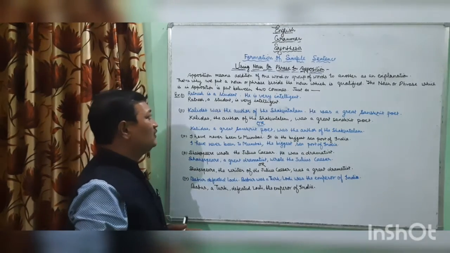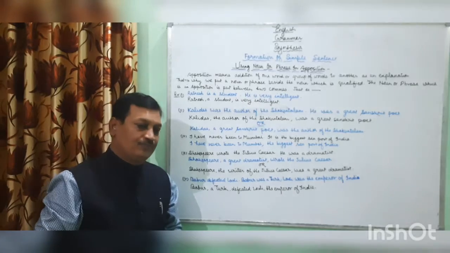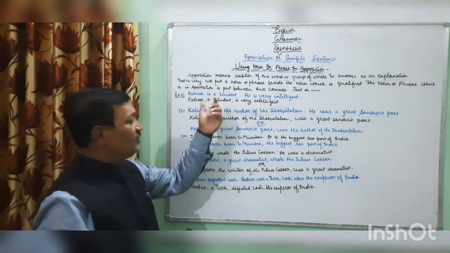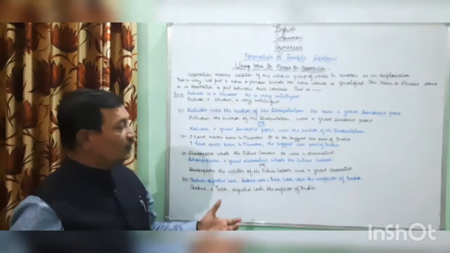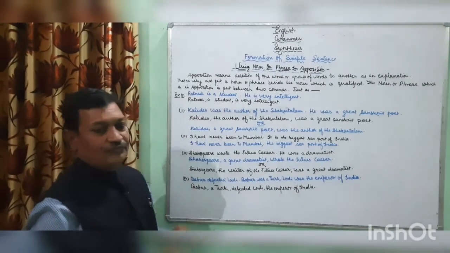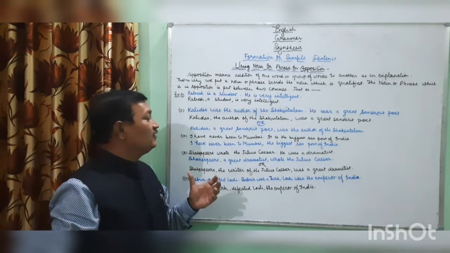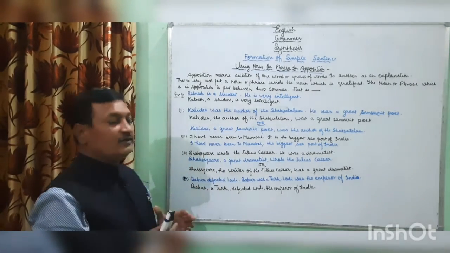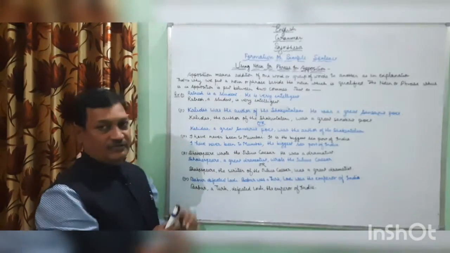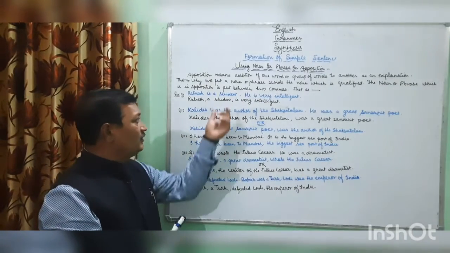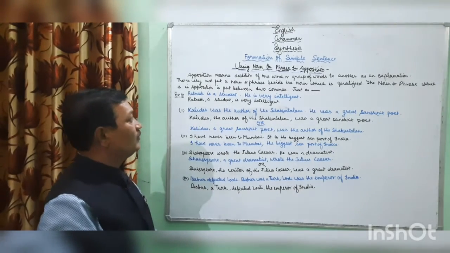Dear students, you can see here, student is a noun which qualifies the other noun Ratnesh. That's why we can say that student is in apposition to Ratnesh. Here it is noun, but phrase may also be there.